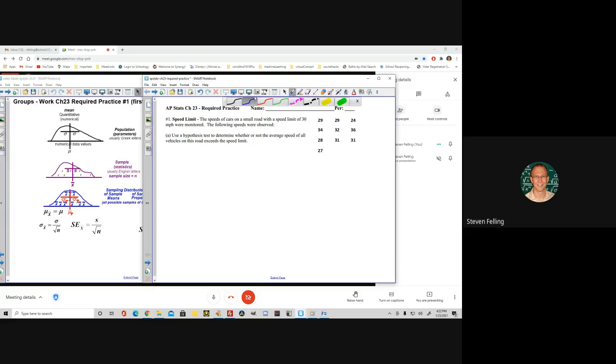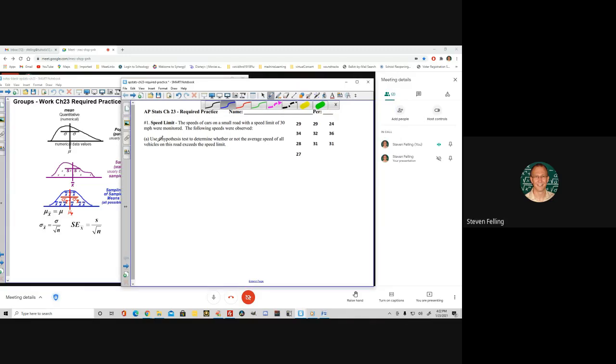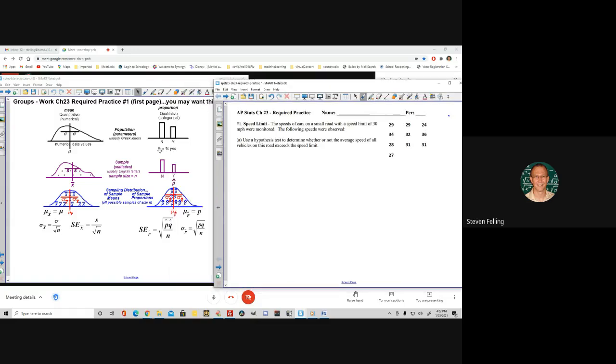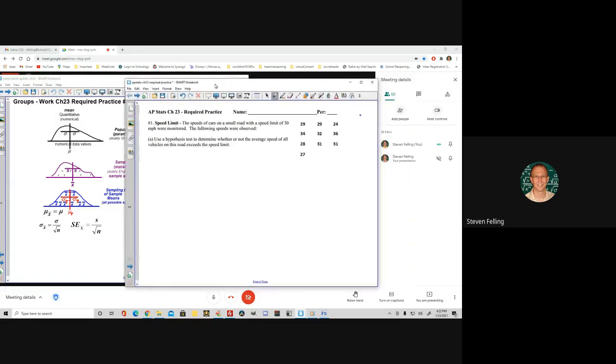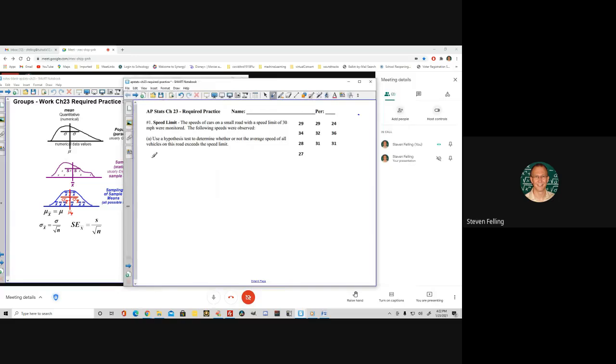So first of all, we would say, I need a hypothesis test, so I'm going to define a symbol here. Now, this is numerical data, so I don't have yes or no percentages. So instead of using a p, I'm going to use the mean symbol mu when I do my hypotheses. And usually people will think, okay, instead of a p, I have a mean.